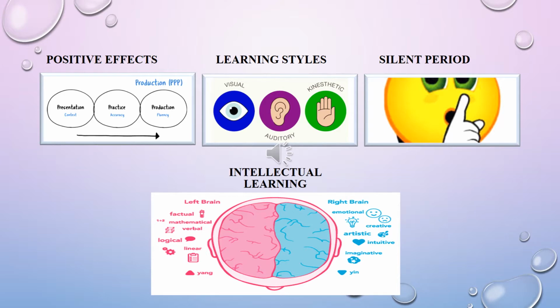That is when the teacher first makes a presentation or shows the topic, for example, vocabulary, and later takes the students to participate or practice their vocabulary, and finally the teacher takes the students to make a production, for example writing or talking using this vocabulary.